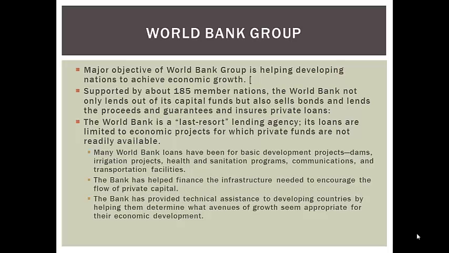So once again, we are building the infrastructure in extremely poor areas in order for them to become at least somewhat attractive to private investors. The bank also helped finance the infrastructure needed to encourage the flow of private capital. All of this is pretty much with the purpose of starting to attract private investors.